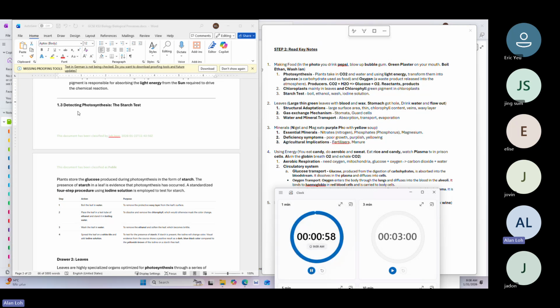Start now. Reading until this table. I hope this table is not too small for you to read.